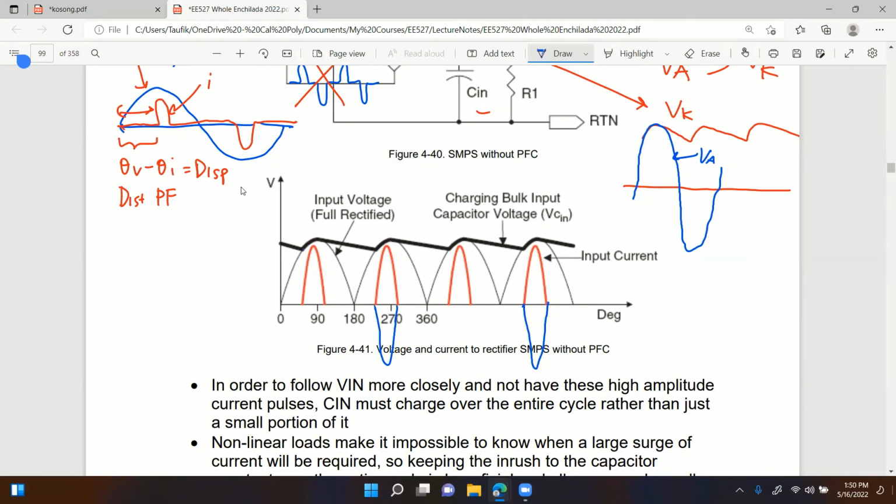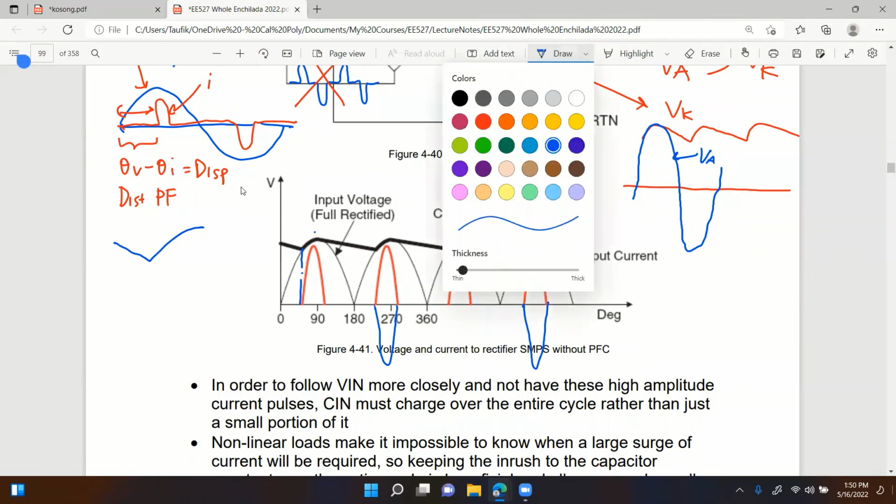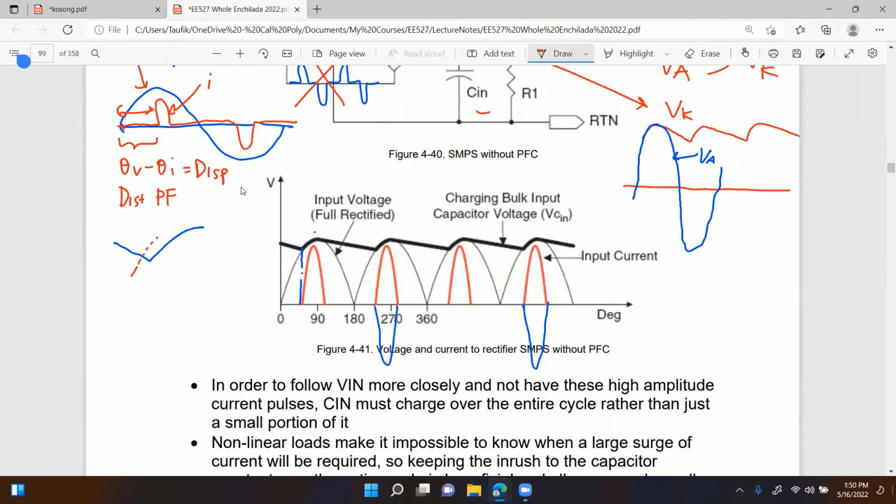So you can see right here, this is when, for example, between here and here, the anode voltage is higher than the cathode voltage, and if you zoom in, this is what's going to happen, something like this.